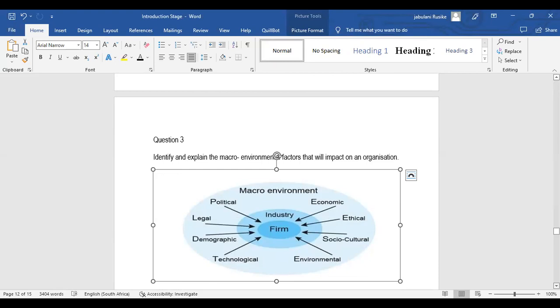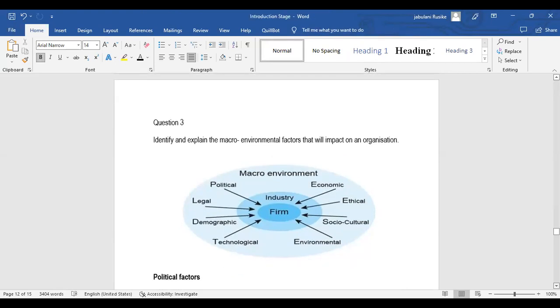An organization cannot have any control of the politics of the country or the economy of the country. It doesn't have that control. So it is very important to study those factors so that you make decisions.